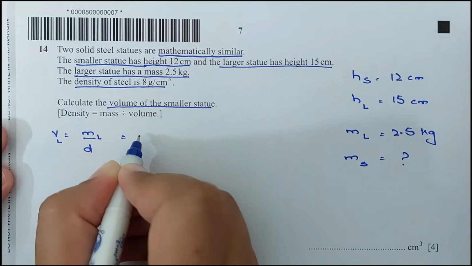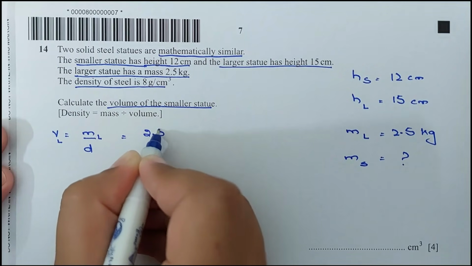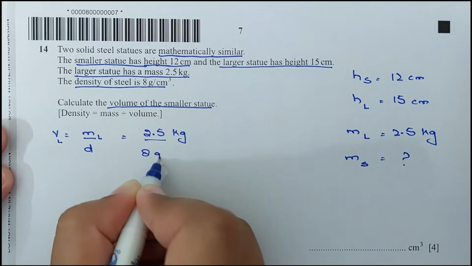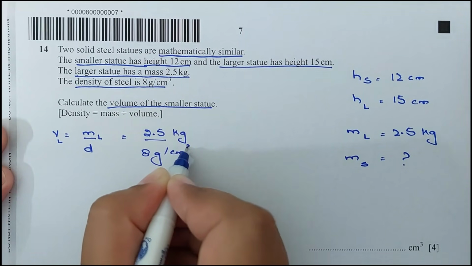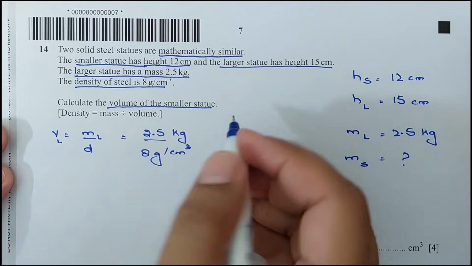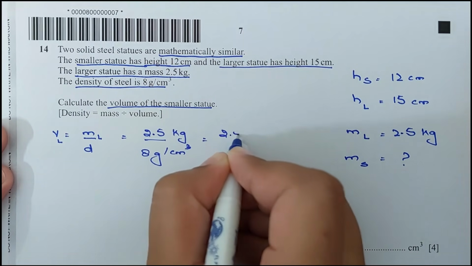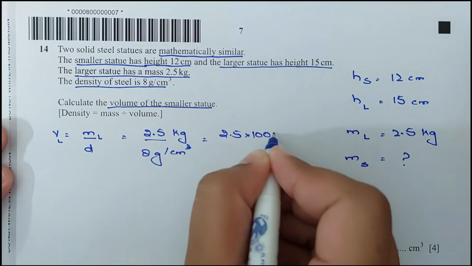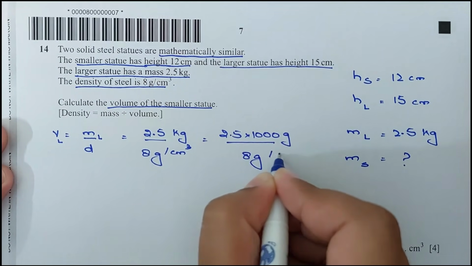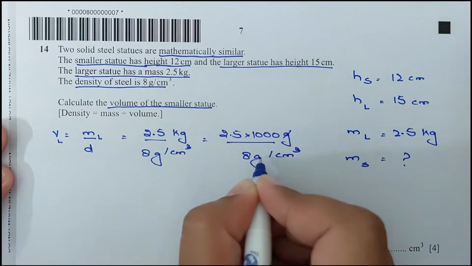Volume of the larger: the mass of the larger is 2.5 kilograms and the density is 8 grams per cubic centimeter. Kilograms are converted into grams by multiplying by 1000. So 2.5 times 1000, in terms of grams, over 8 grams per centimeter cube. Grams cancel with grams.